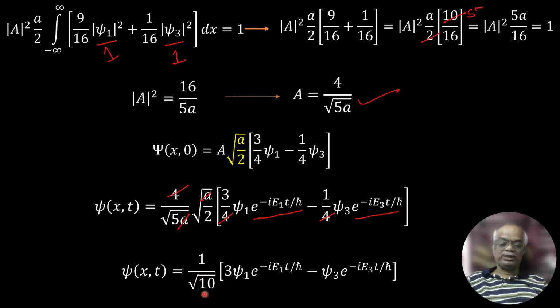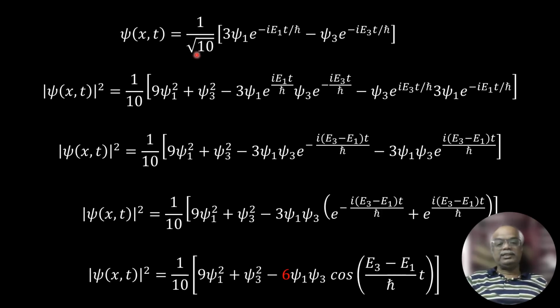That is 1 over square root of 10. We have cancelled this 4. So naturally this will be 3 psi 1 e power minus i E1 t over h cross minus psi 3 e power minus i E3 t over h cross.